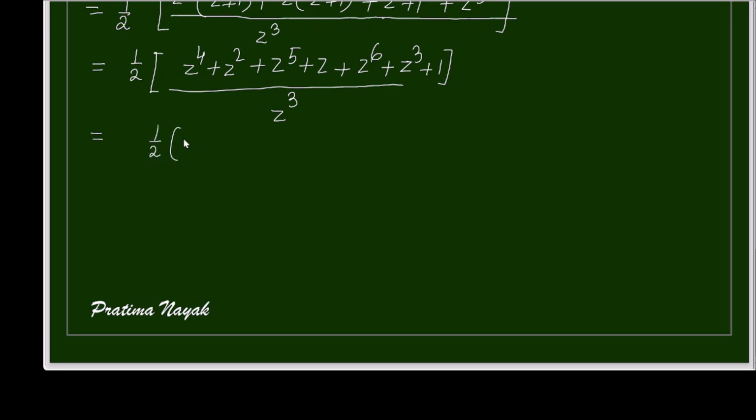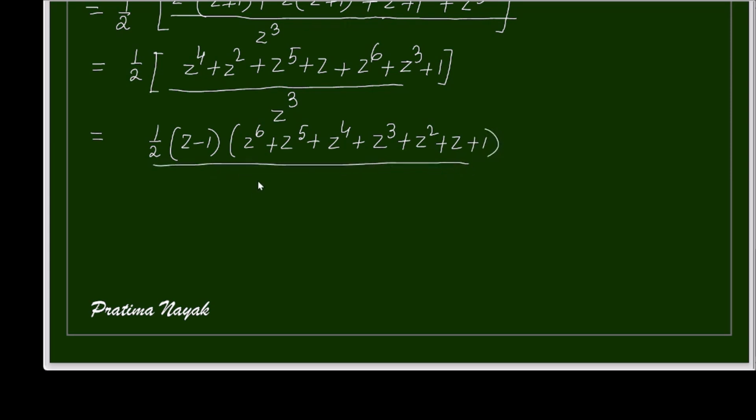So half, I'll multiply by z minus 1. This is z to the power 6 plus z to the power 5 plus z to the power 4 plus z to the power 3 plus z to the power 2 plus z plus 1, over z cube into z minus 1.